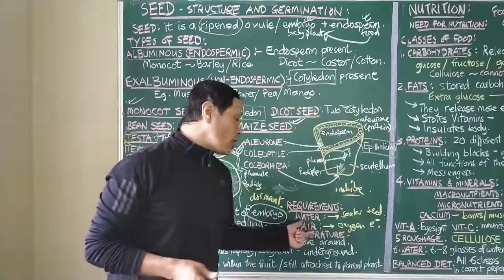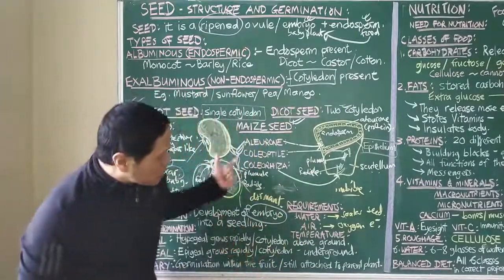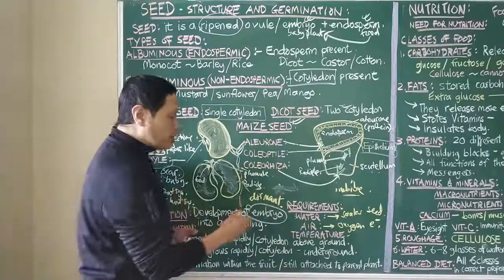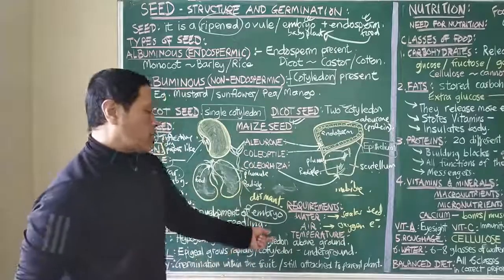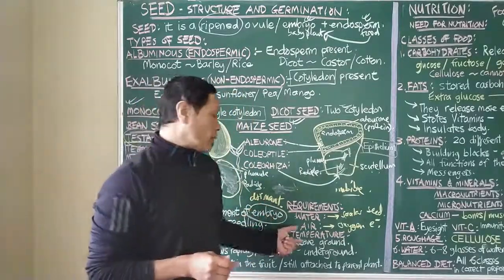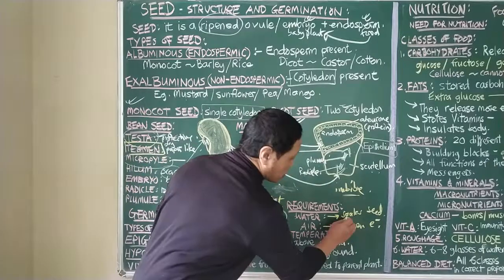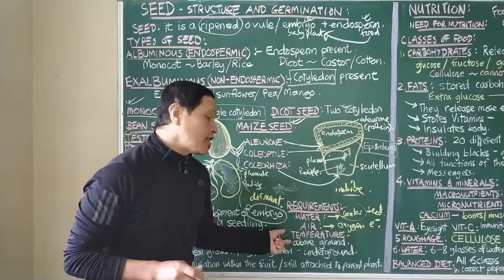Energy is required for all the metabolic activities of the cell in order to turn itself from an embryo into a seedling. Then we need the right suitable temperature. Without suitable temperature, just providing water and oxygen does not make a seed to germinate.